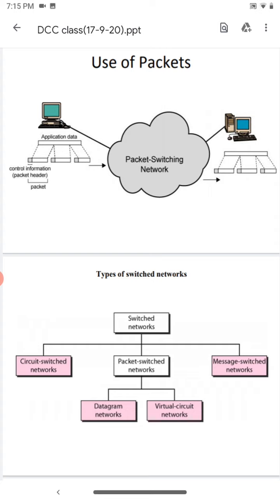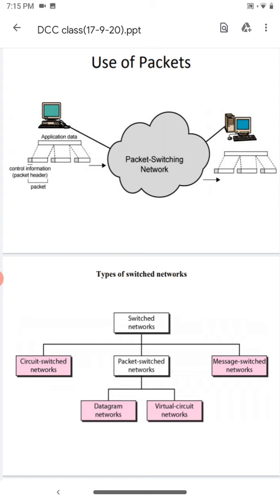Each packet has two parts. One is for the control information, that is the packet header. The small part on the left side is the control information, the packet header. The second part is a large part, that is the data part. When you combine the control information, the packet header, plus the data, that is one packet.